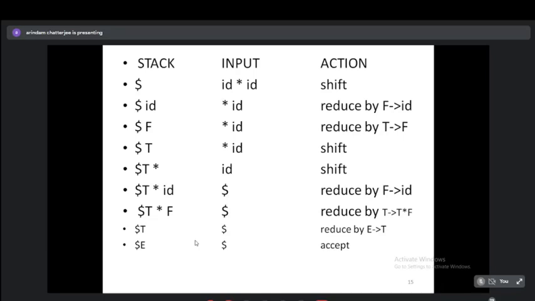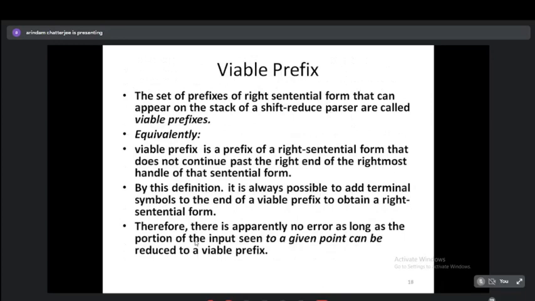So whenever you have a viable prefix, that means some prefix on the stack, it is basically a prefix of a right sentential form. If you continue past the right end of the rightmost handle of that sentential form, you cannot have a reduction step, because you have exhausted all the handles.